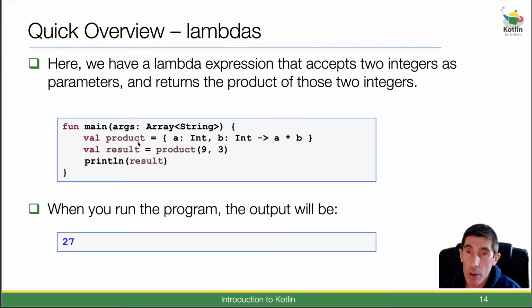We can then call that as a function, assign it to a result, and print out that result. And that's what we get printed to the screen. A little bit more complicated, but showing the power of lambda expressions, getting it all done in one line of code.